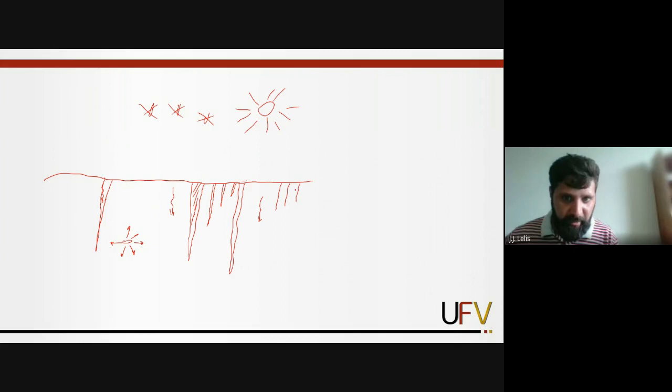Because of these cracks, you can see here a ped, an aggregate that was formed by the variation of the quantity of water inside the soil in the dry and wet season. Could you understand now?